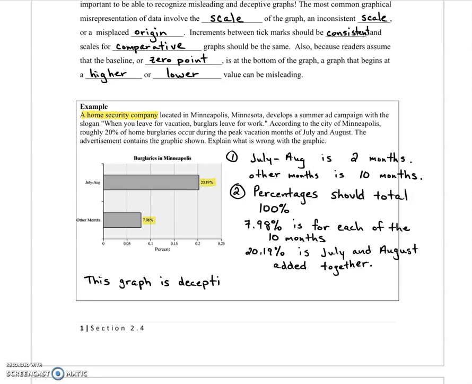And the reason I would say it's deceptive is because this home security company is probably deliberately trying to scare you into buying their service, right? So the company is trying to profit.